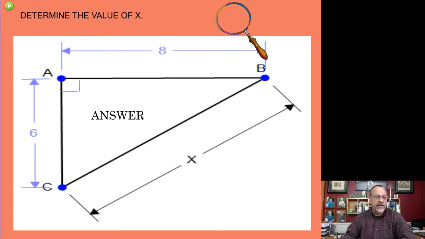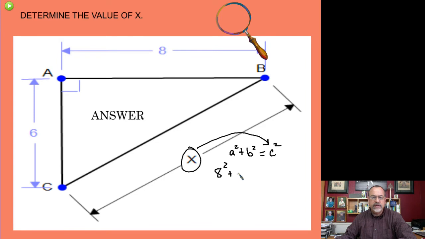So here I have a right triangle. They want me to figure out x. Now the x value is the hypotenuse. I should identify that first so that when I substitute into a squared plus b squared equals c squared, this x must go over here because it is the hypotenuse. So then I could put in a squared plus b squared is equal to c squared.